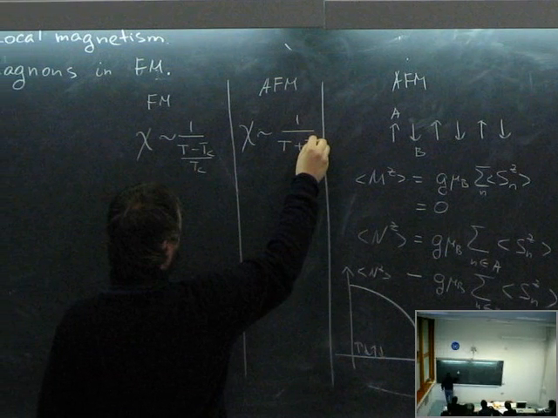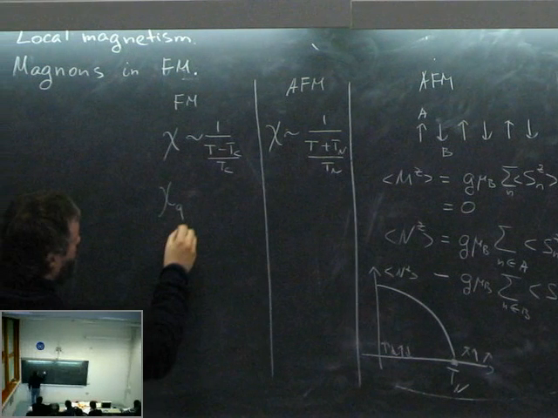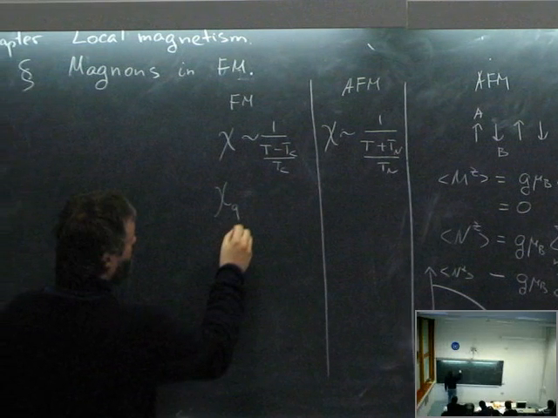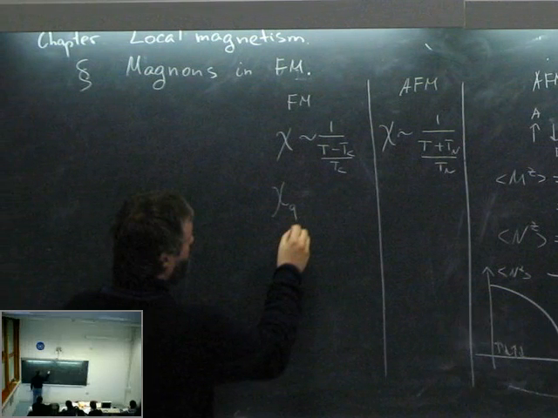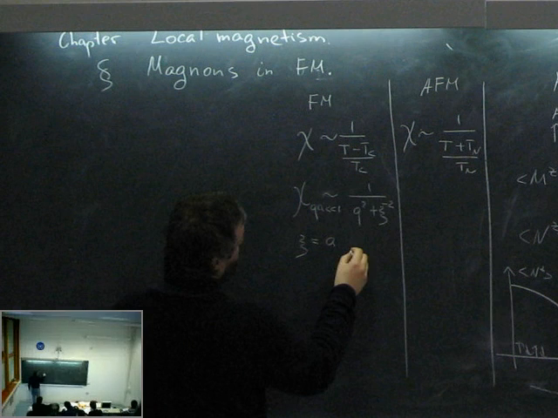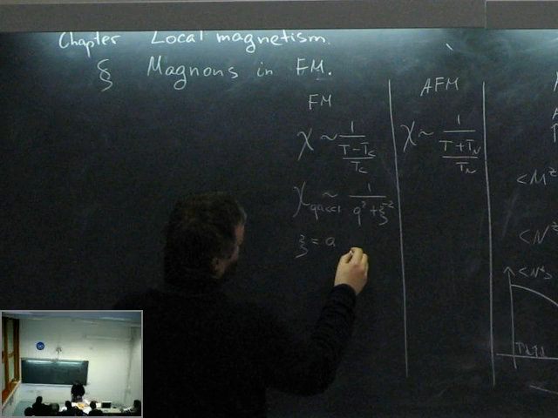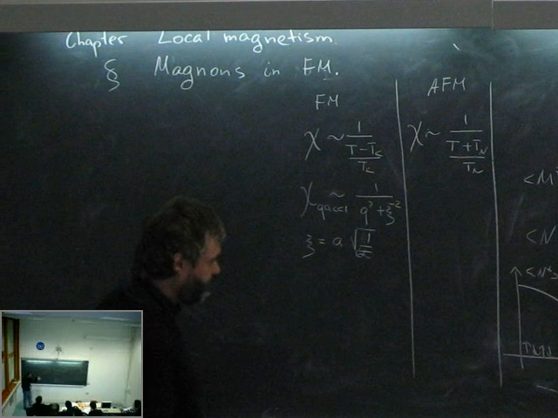If we now consider the Q-dependent response for small q, namely qa much smaller than 1, where a is a lattice site, we have dependence q squared plus xi to the power minus 2, where xi is the correlation length, which goes as square root of 1 over 6 tau. Doesn't matter.